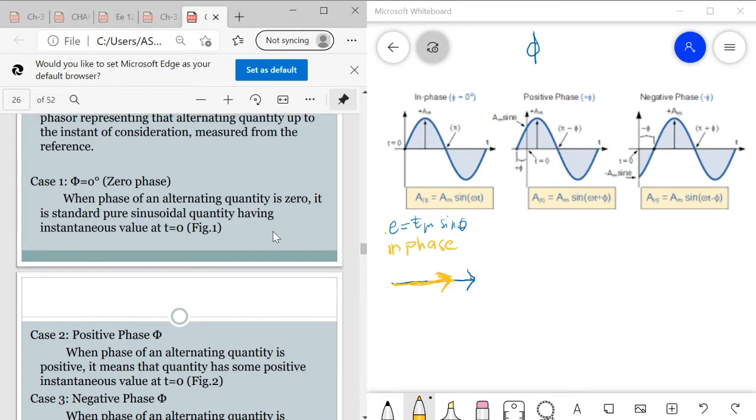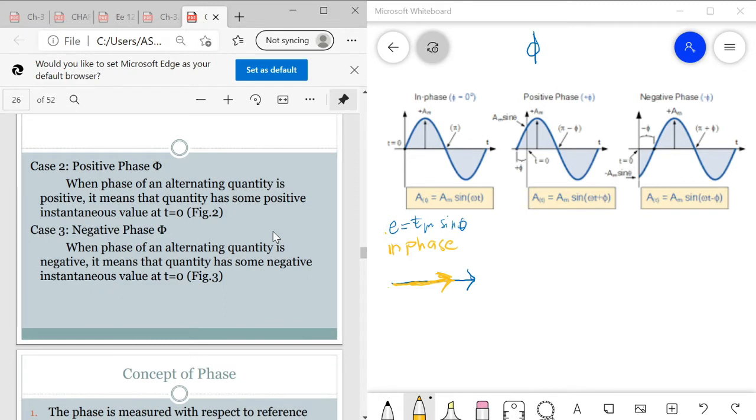For the case 2, positive phase, when phase of an alternating quantity is positive, it means that quantity has some positive instantaneous value at t is equal to 0. So this one is a positive phase. This is our t is equal to 0. We have a phase angle here, this one, and it has a positive value at t is equal to 0.